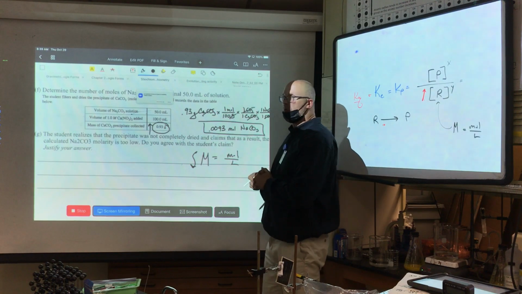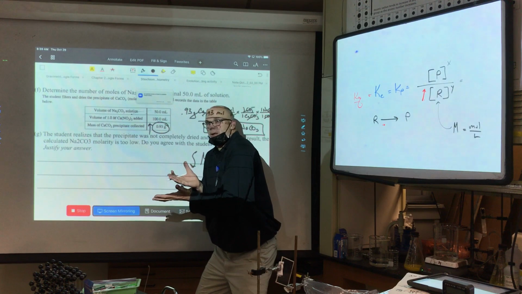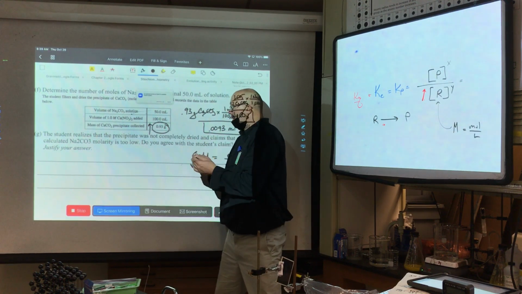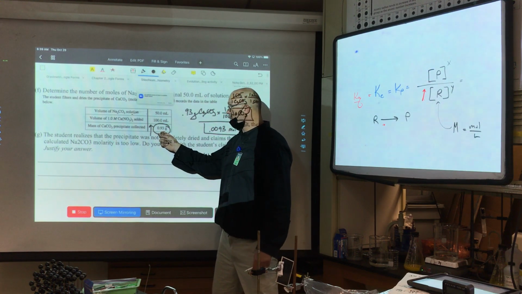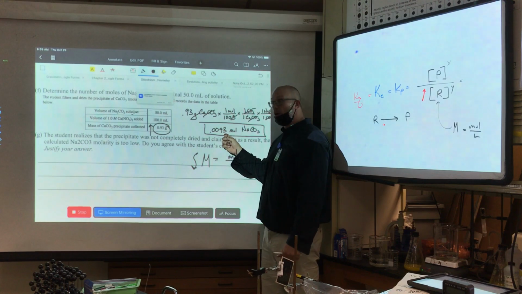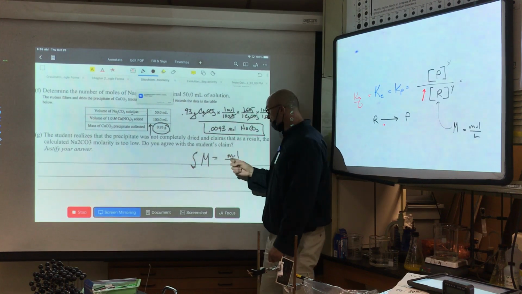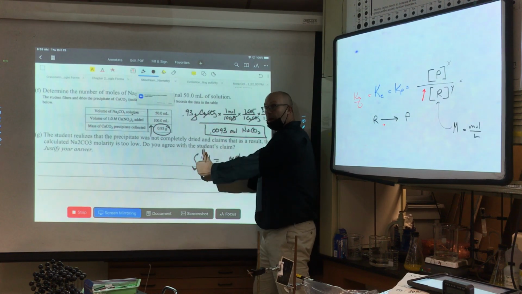Now, as a result, the calculated molarity is too low. Well, think with me. If this 0.93 is due to the calcium carbonate and the water didn't evaporate, isn't this an over-evaluated result? And if that's going to be an overvalued result, it's going to give you an overvalued moles of the sample. And if you solve for molarity, because the mole is on top, it's going to give you a larger molarity than expected, correct?